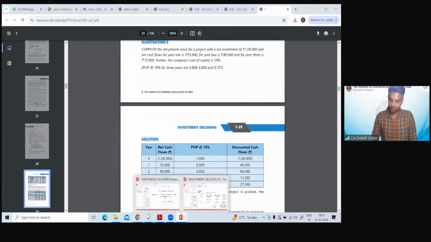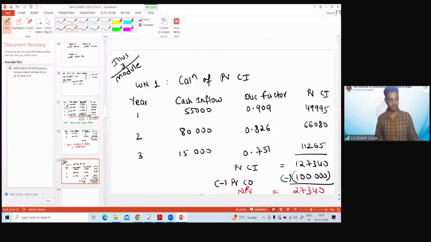Understood by everyone? Any queries? Any doubts in NPV technique? No doubt. Sure. Are you able to digest all these techniques or are we going fast? Sir, table we need to show in working note.